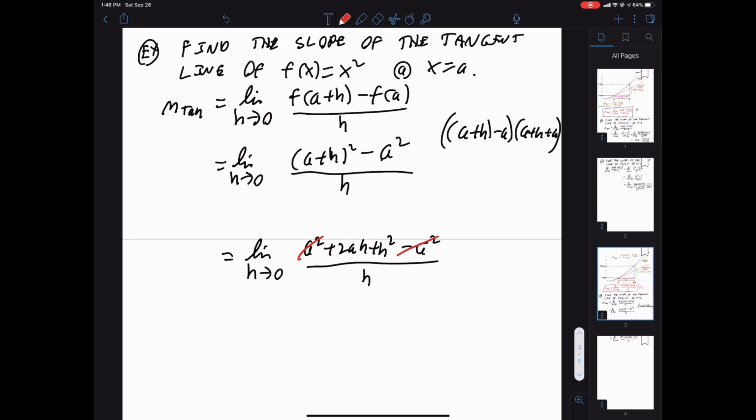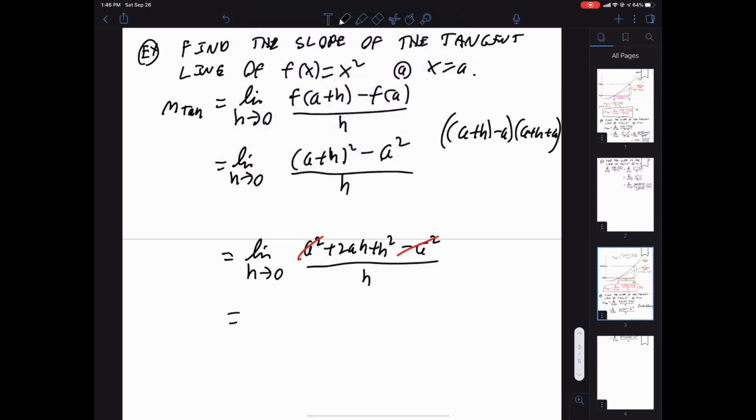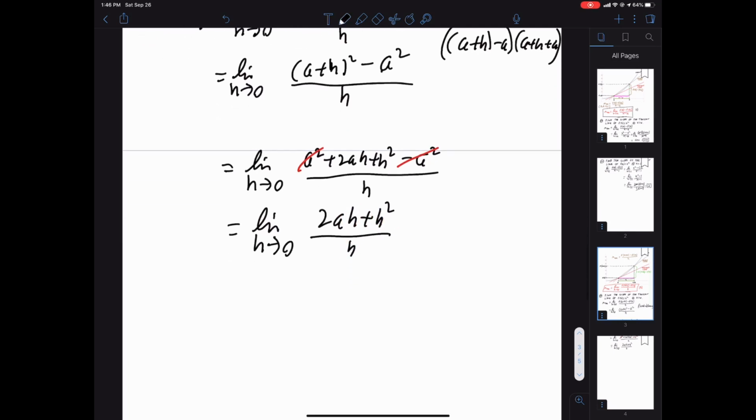So those will disappear, and we will have left the limit as h approaches 0 of 2ah plus h squared over h. But sadly, you plug in 0 for h again, you get 0 over 0. So again, we need to factor and cancel.